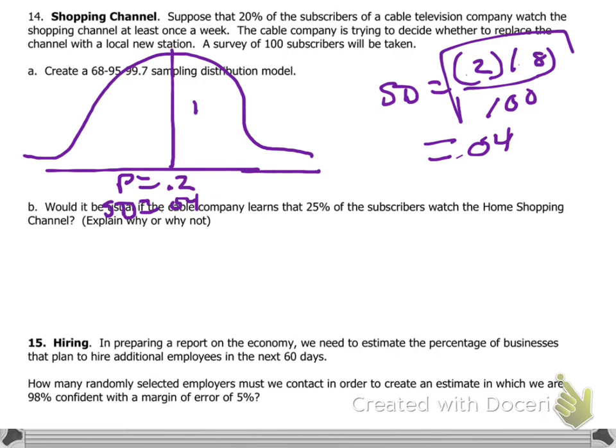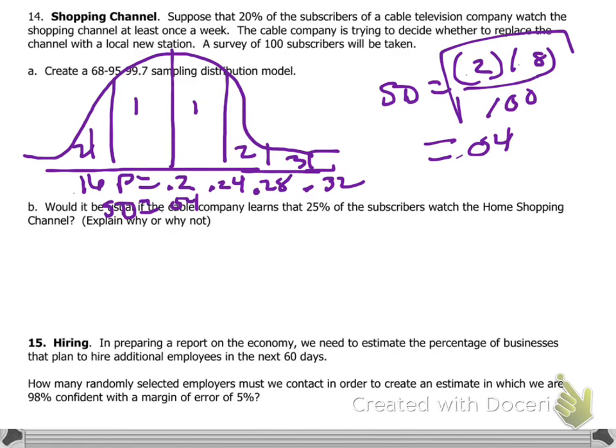Okay, so if I go 1 standard deviation, I get 0.24. If I go 2, I get 0.28. And if I go 3, I get 0.32. So now let's go the other way, and I get 0.16, and I get 0.12, and 3 I get 0.08.